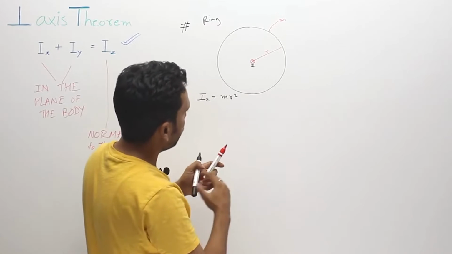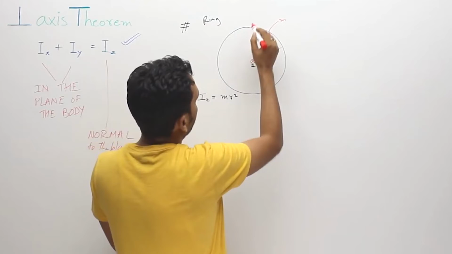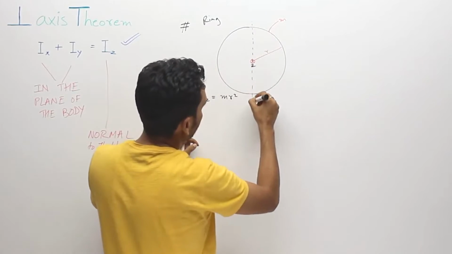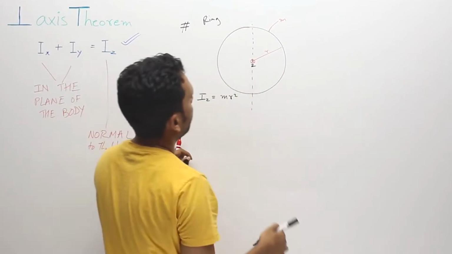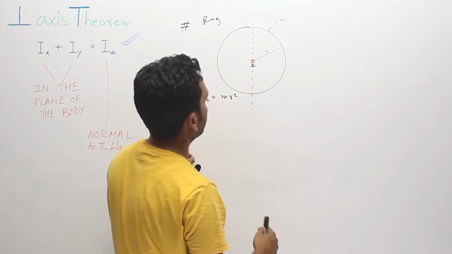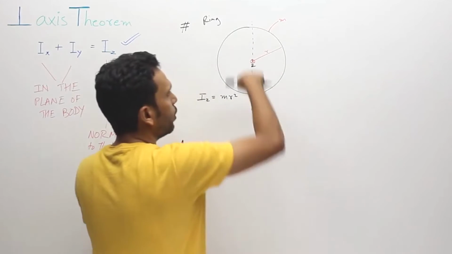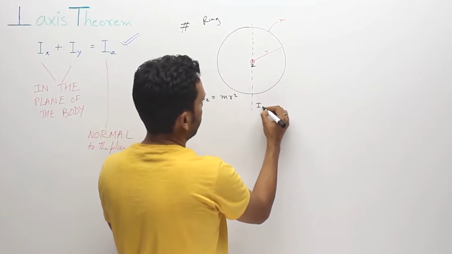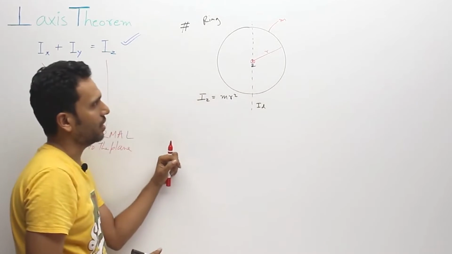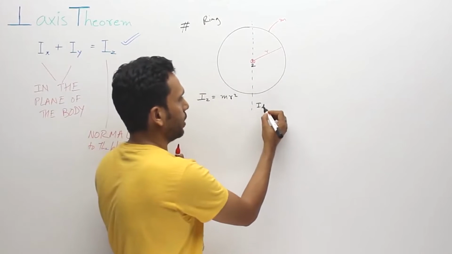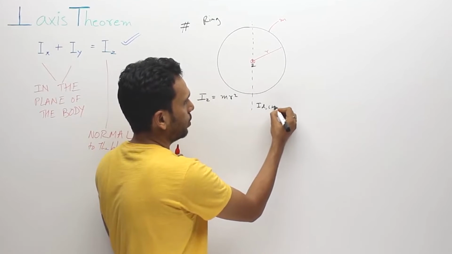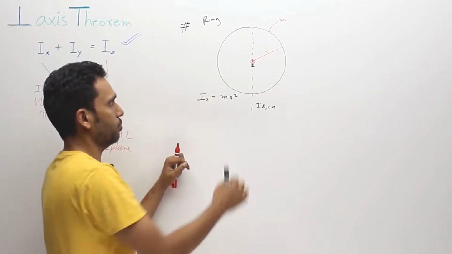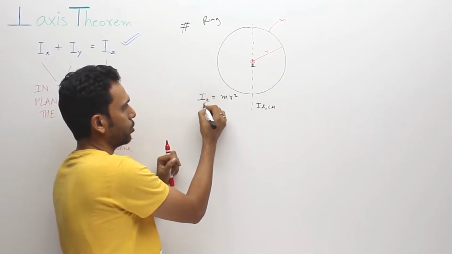Now if I ask you what is the moment of inertia of the ring about a diametrical axis, which is along the diameter of the ring, any one diameter, I'll call it, say, Id. Then obviously that is also about the CM. It is also moment of inertia about the CM, but the axis is different, and this Iz was also about the CM.